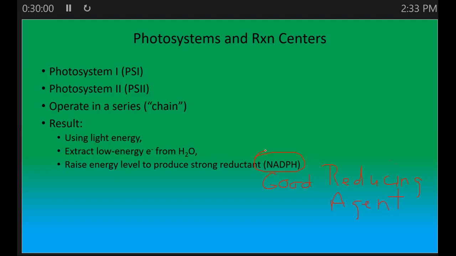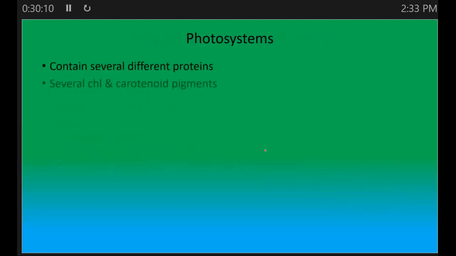These photosystems are really complex in the sense that they're very big complexes. They span the entire width of the thylakoid membrane, and they have some proteins in there, some chlorophyll, carotenoid pigments mixed in there. Surrounding that, you have antenna pigments. So the photosystems are surrounded by antenna pigments, and you have the so-called reaction center.